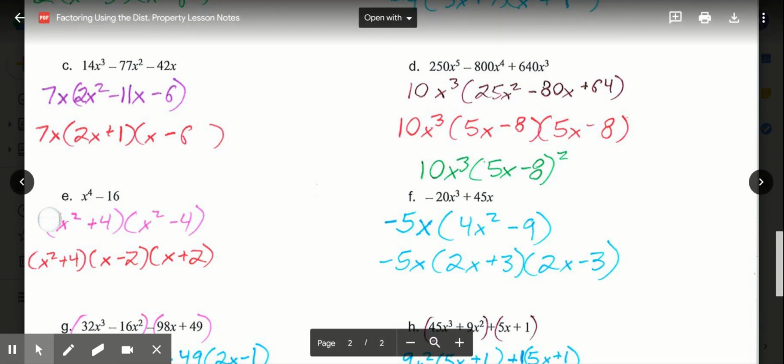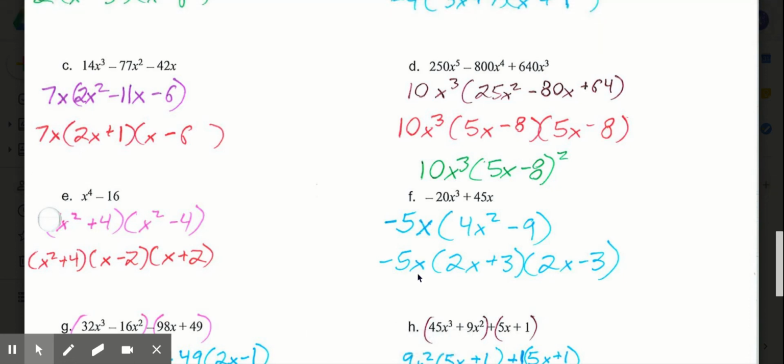Then negative 5x stays on the outside. I need to look at the 4x squared minus 9 and see if that can be factored down. 4x squared minus 9, both are perfect squares, so I know I have the difference of 2 squares. So in that case, that can be factored to 2x plus 3 times 2x minus 3.